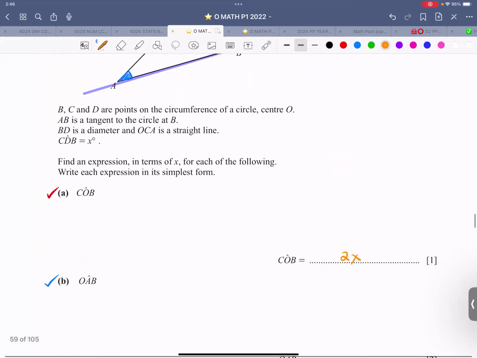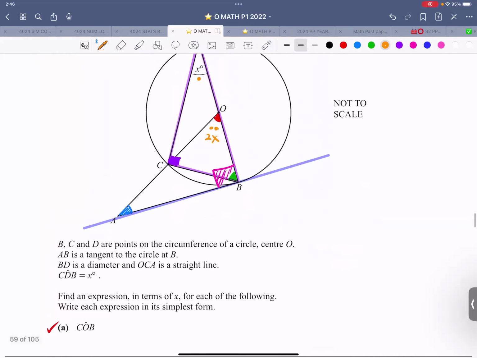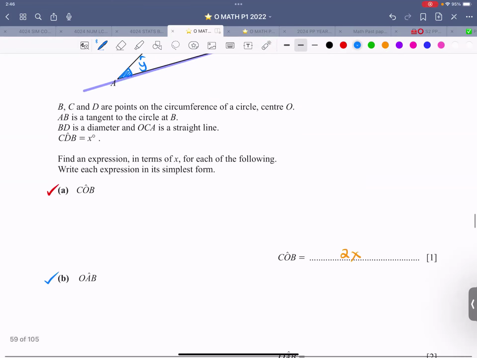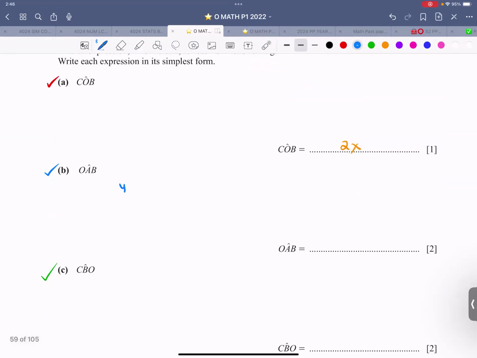What about OAB, the blue one? If I focus on this triangle, angles should add up to 180 degrees. Let the blue one be y.